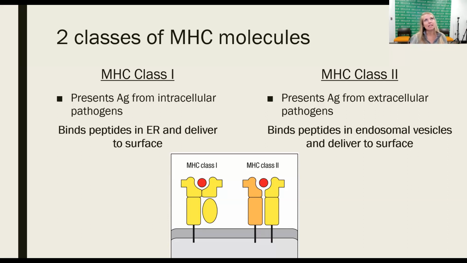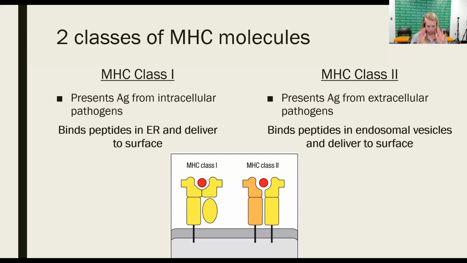On the other hand, MHC class 2 molecules are going to present antigen from extracellular pathogens. Extracellular pathogens are degraded in an endosome, and so MHC class 2 molecules are going to bind those degraded products, those tiny peptides, in the endosomal vesicle and deliver them to the surface.